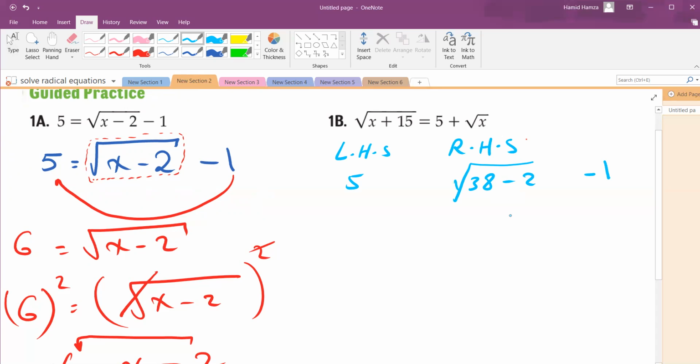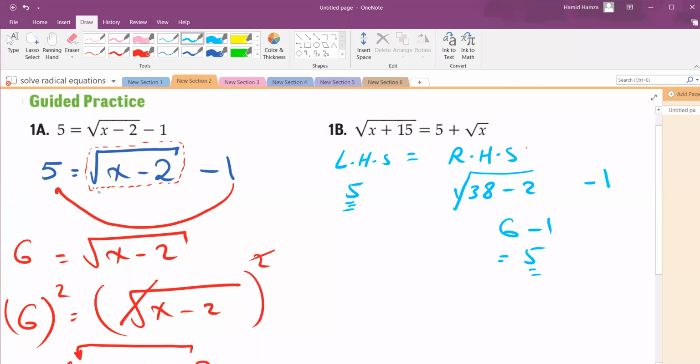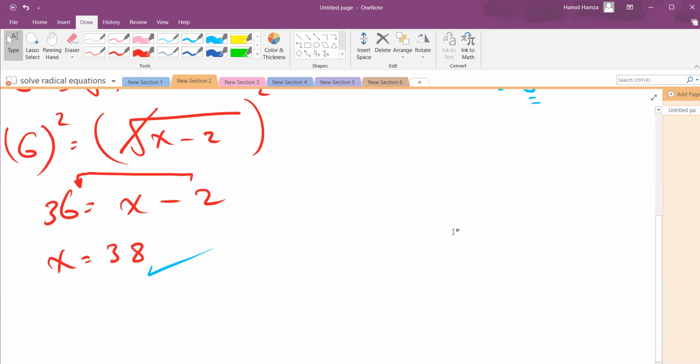Root 36 is 6, minus 1 equals 5. Now let's compare the left-hand side and the right-hand side. Both of them are equal. That means this solution is accepted. So the solution for the equation is x equals 38. Now the second one.